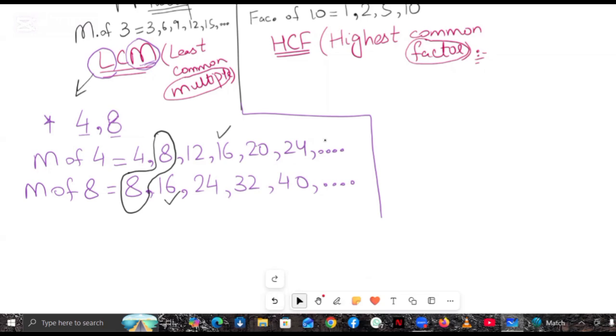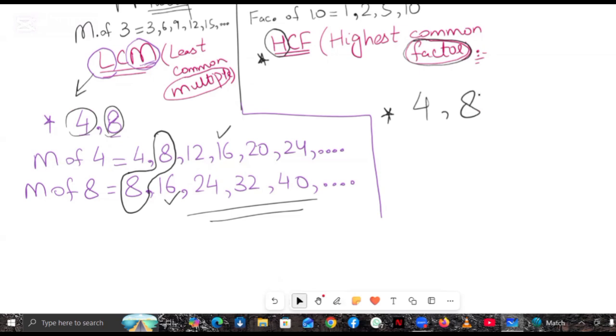After this, we have proper 2 methods for finding HCF and LCM. This is not a method, this is just the concept. Now in HCF, we are talking about factors, and it means the highest factor, not the lowest one. If we again take these same 2 numbers, 4 and 8, you have to write the factors.